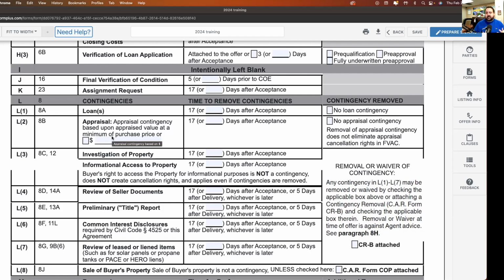Here's what happens. If, for example, I write an offer at $750,000, but the house is listed at $700,000, and I have an appraisal contingency that says it is based off of at least the purchase price, but in my other terms I write buyer willing to pay difference between appraised value and offer price, which we've all seen, or some of us have written.